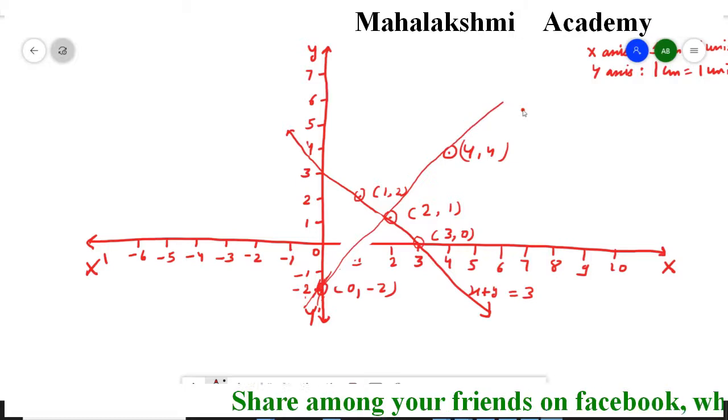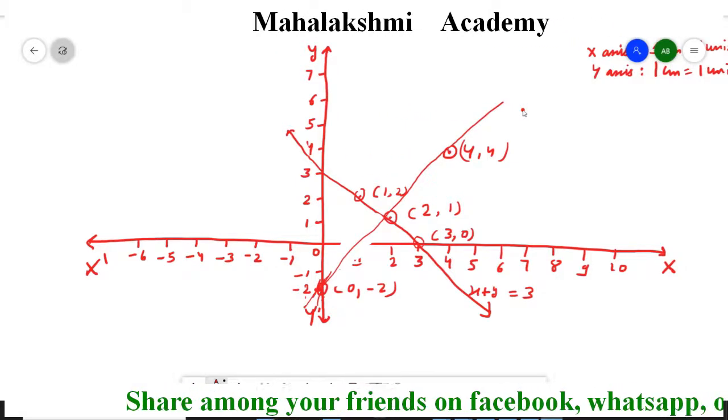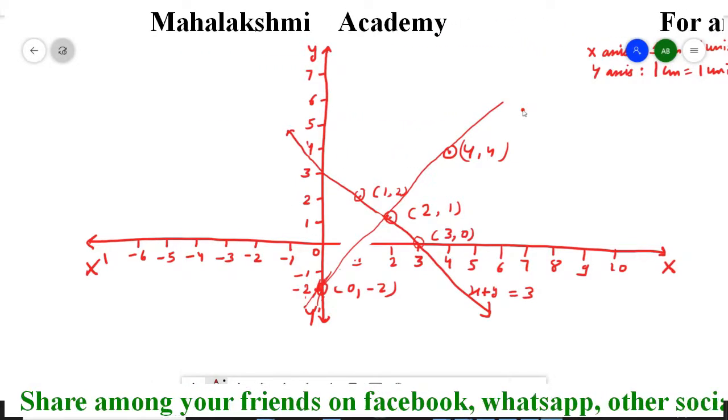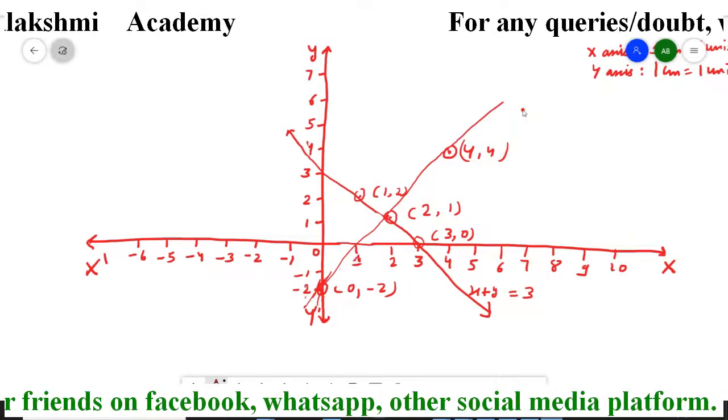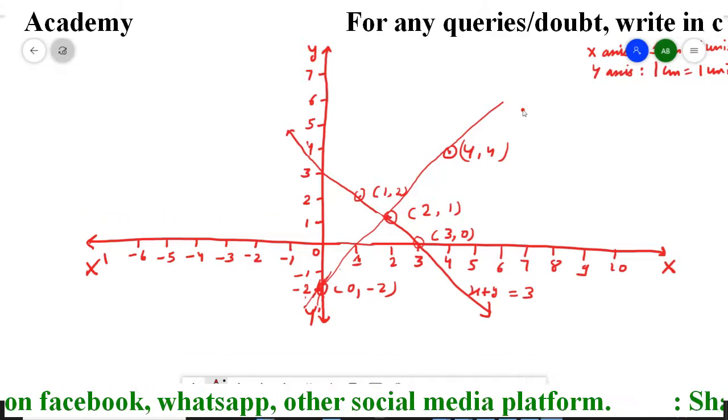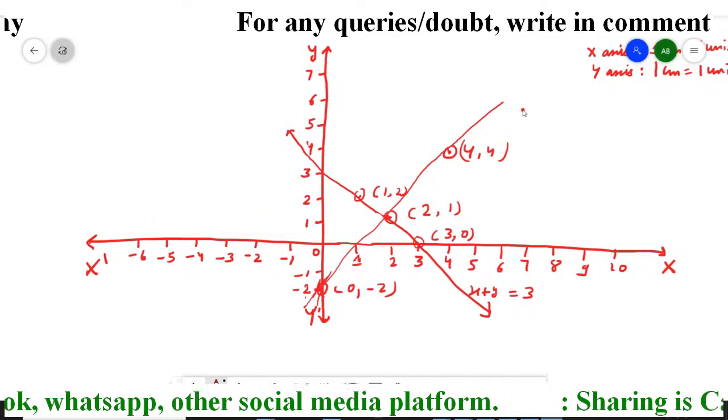So when you join it, it is going to be near about like this. So where they are intersecting is exactly at (2, 1). So the intersecting point is (2, 1) because the common point is (2, 1).